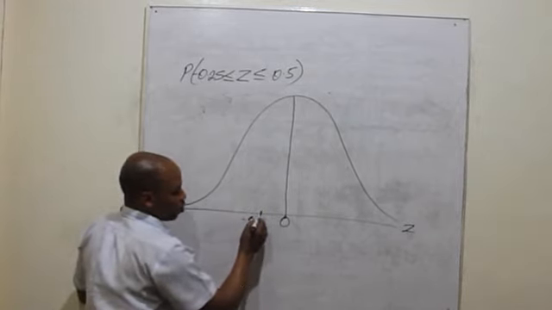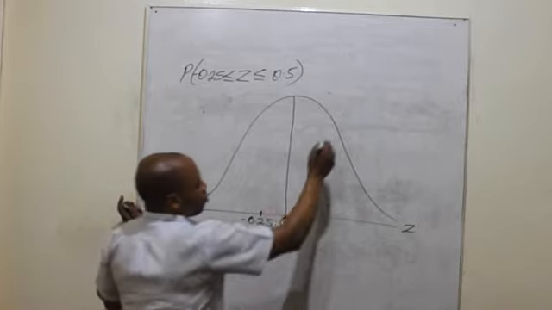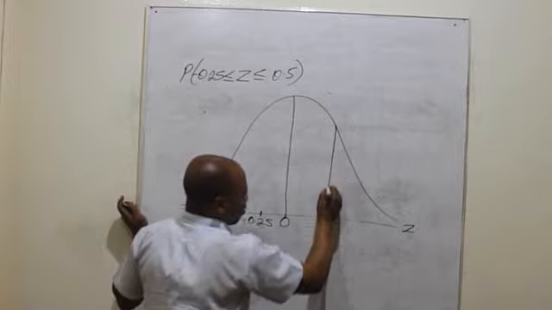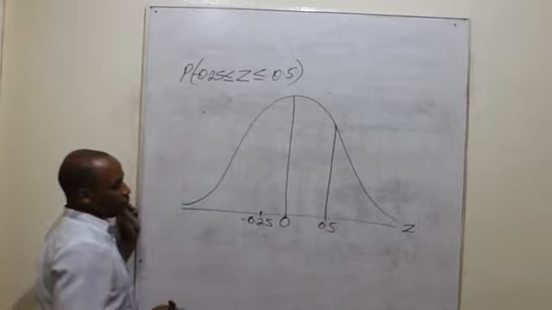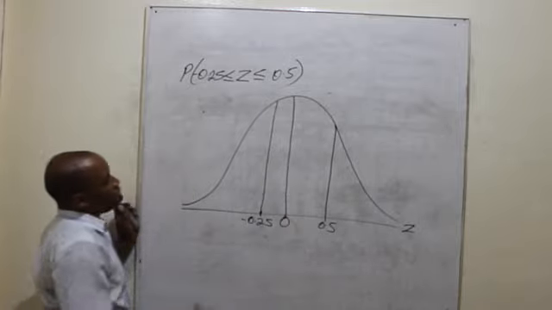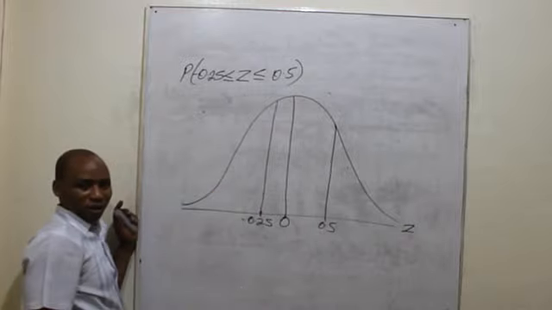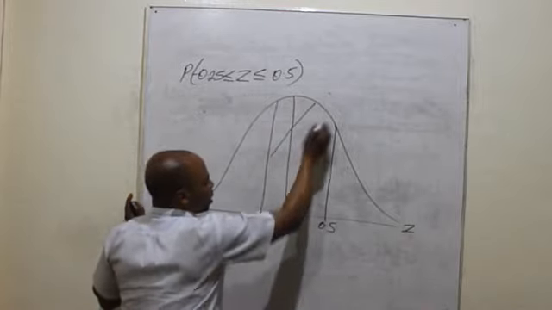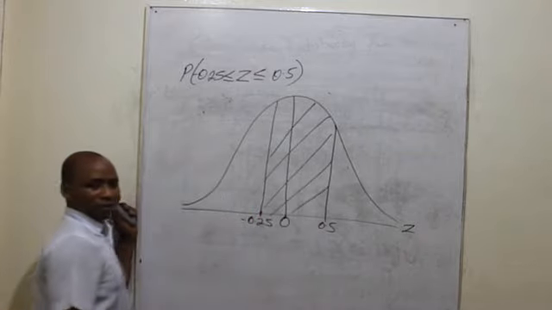Then the 0.5 will fall on the right side of the 0. So we are looking for z falling between these two values. Hence, this will be the region where the z is to be.